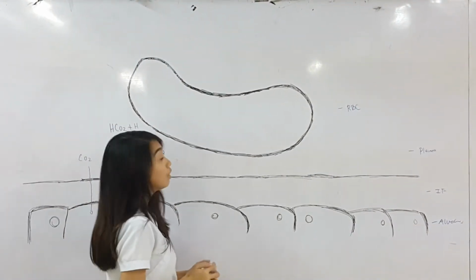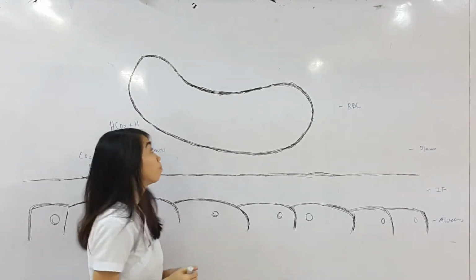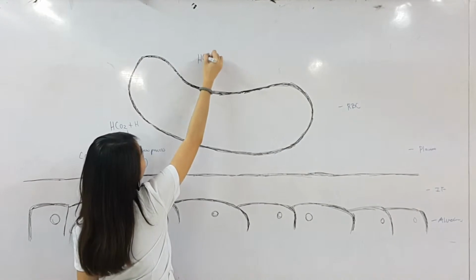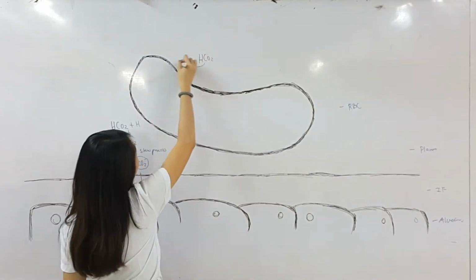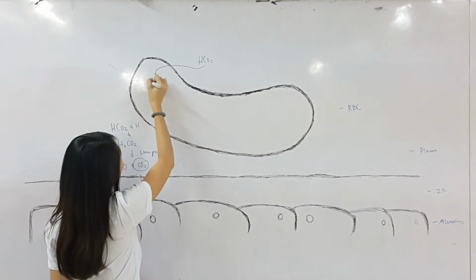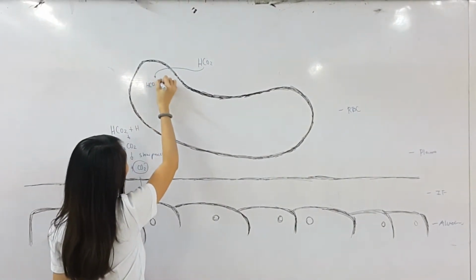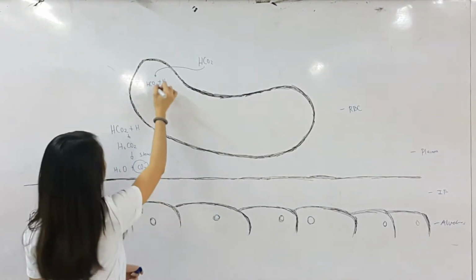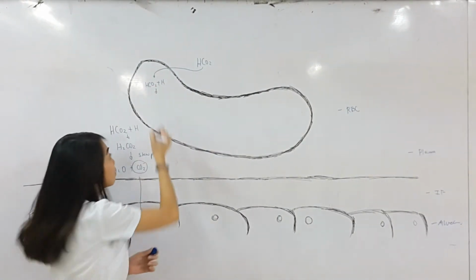Some of the bicarbonate in the plasma will enter the red blood cells, in which it will bind with the hydrogen and form carbonic acid.